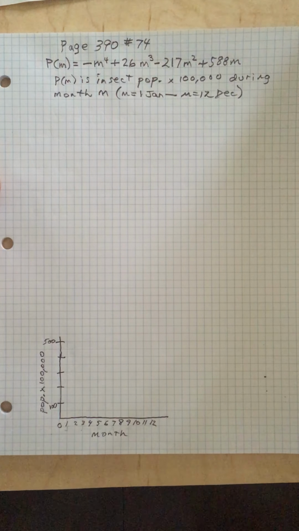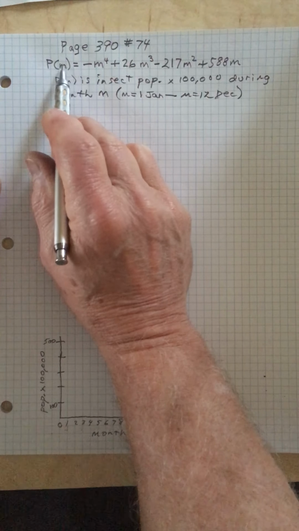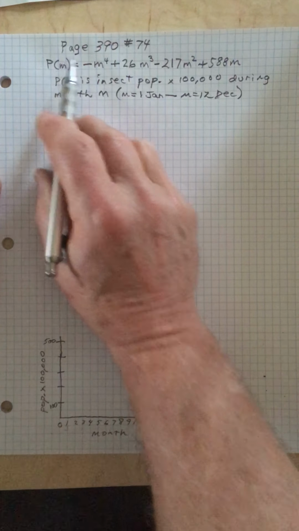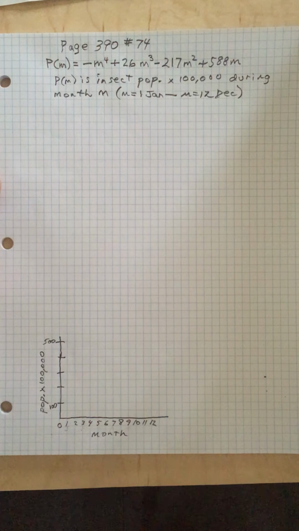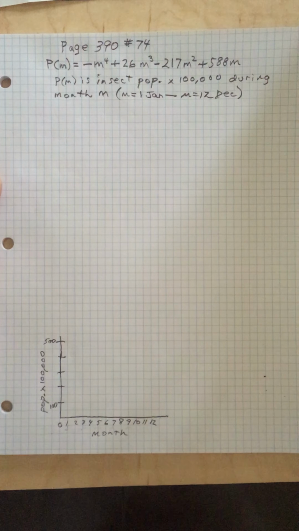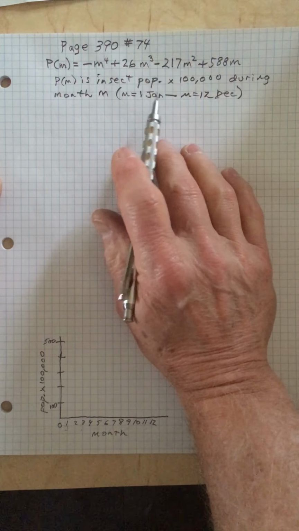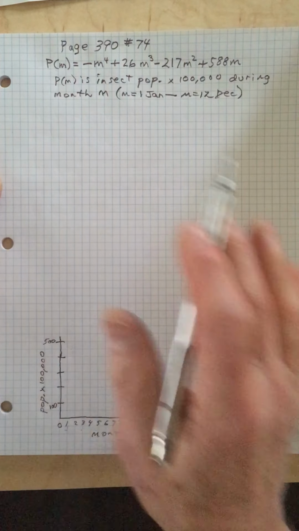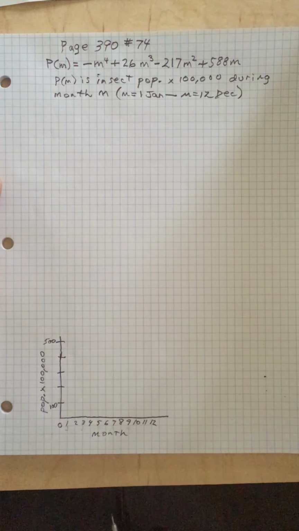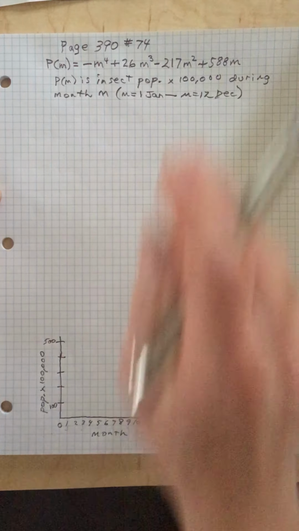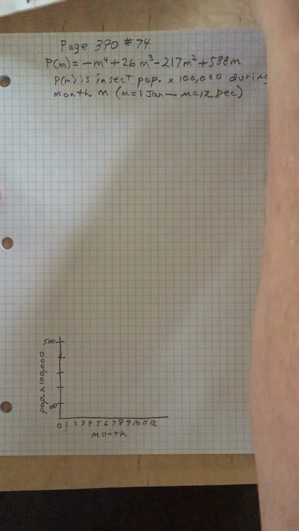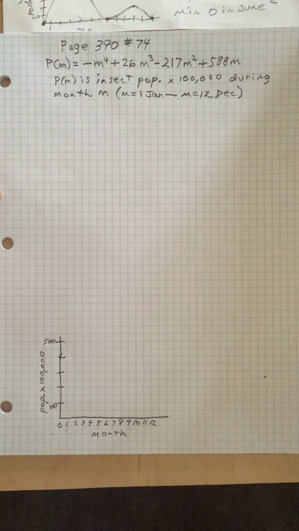This models the population of insects times 100,000. So for example, if P of M equals 2, I'd have 200,000 insects. That's the idea. And then the variable m is for months. And as it shows here, if m is 1, that's January, 2 is February, all the way up to 12 for December. So we want to do it to some things here. I'm not going to do everything in the problem, but most things.